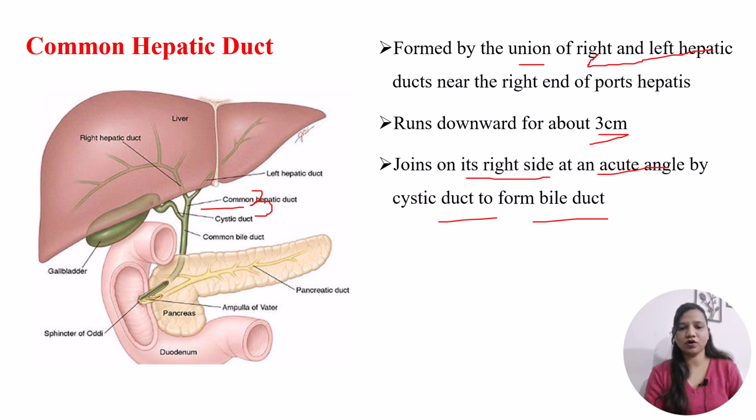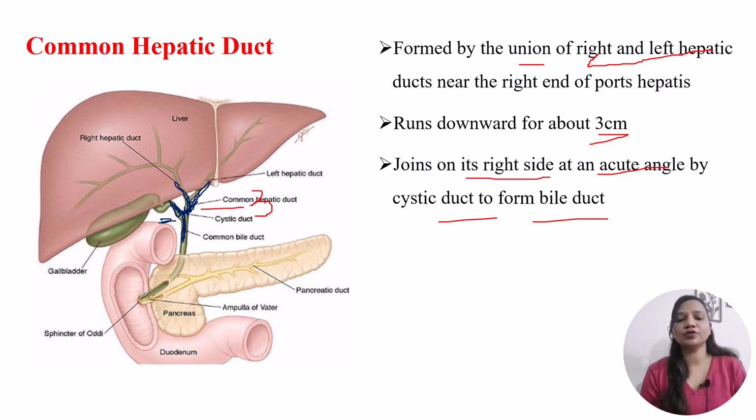So this is the common hepatic duct, which is formed by the fusion of the right and left hepatic ducts, which is 3 centimeters long, and on its right side at an acute angle it is joined by the cystic duct. So this is the cystic duct, and the common hepatic duct joins the cystic duct at an acute angle, and both these ducts together make the bile duct.